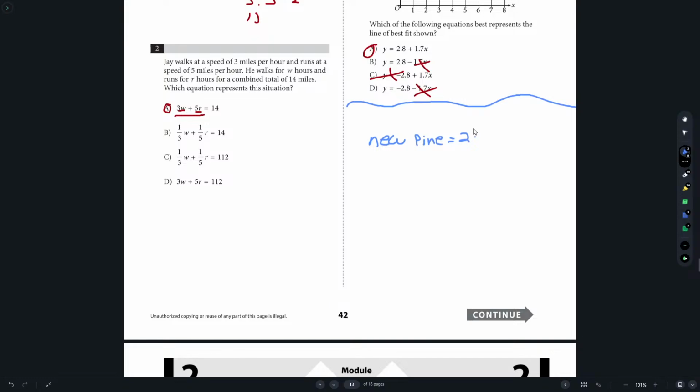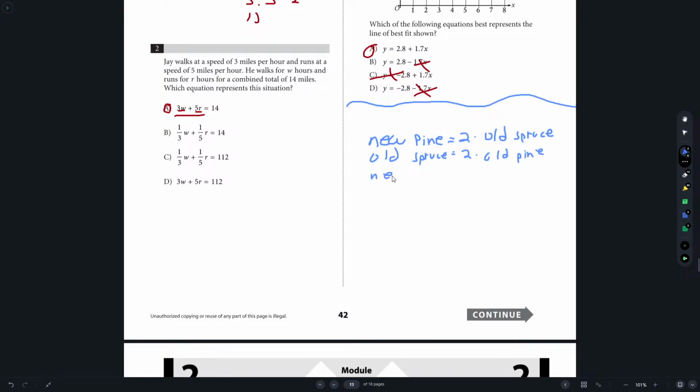Okay, so it's 2 times as old as the spruce. So this is old spruce. Old spruce is equal to 2 times old pine.